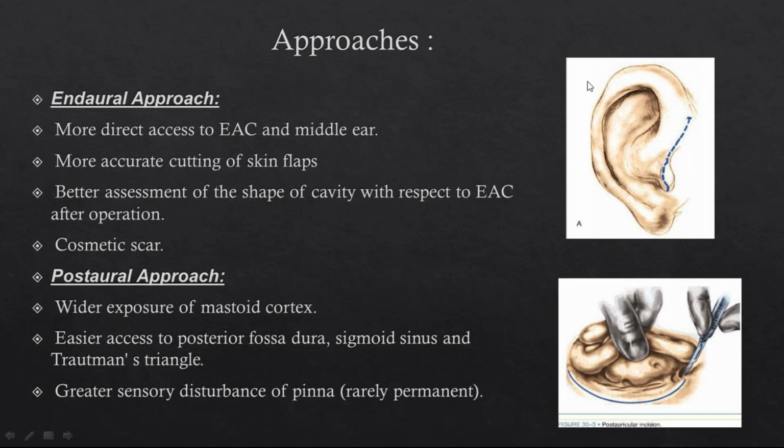It depends upon how much you want to drill. So this is the horizontal incision and this is the vertical incision, and then this incision can be prolonged back till here depending on how much you are drilling in that patient.